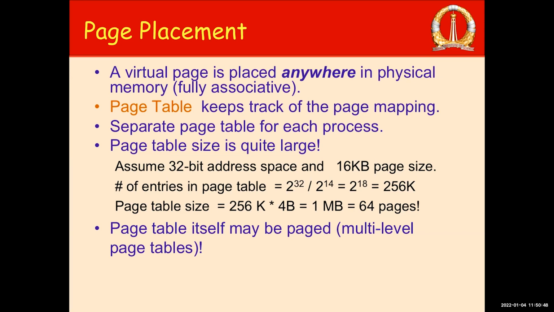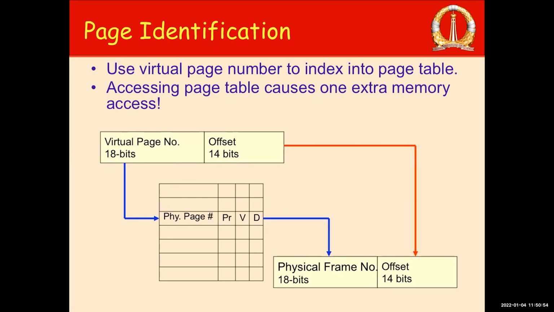We will see how the size of the page table varies after we look at what the page table is. For example, if a process generates a 32-bit virtual address, and each page is 16 kilobytes, then you take 14 bits as the offset within a page, and the remaining 18 bits correspond to the virtual page number.